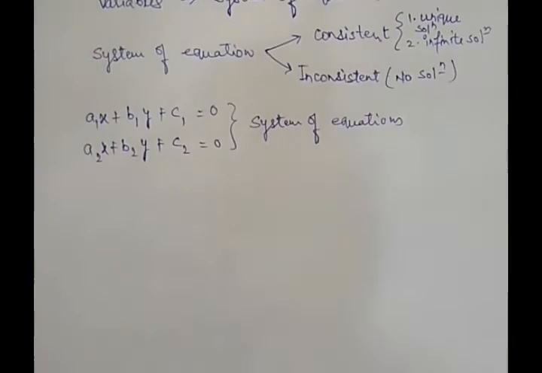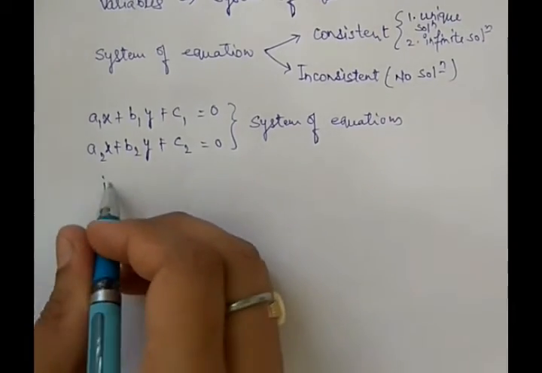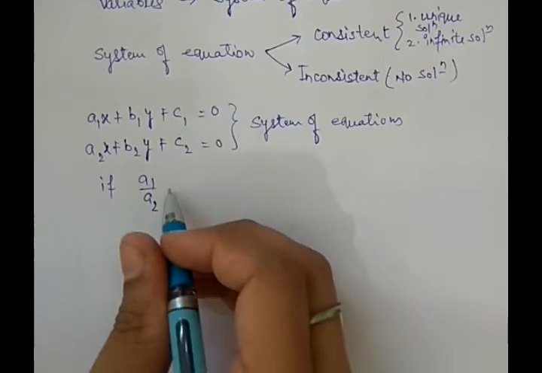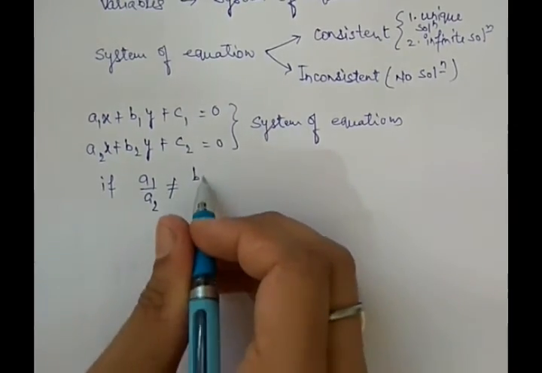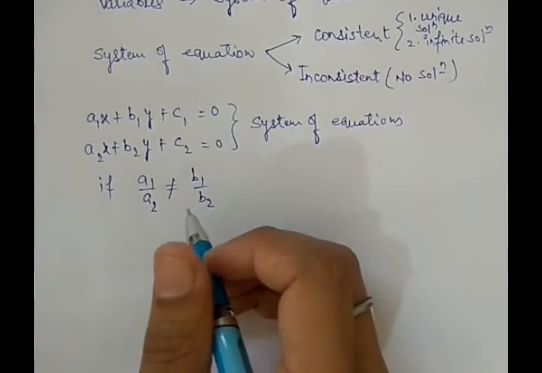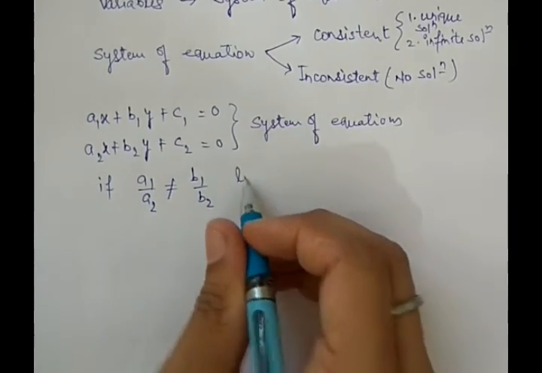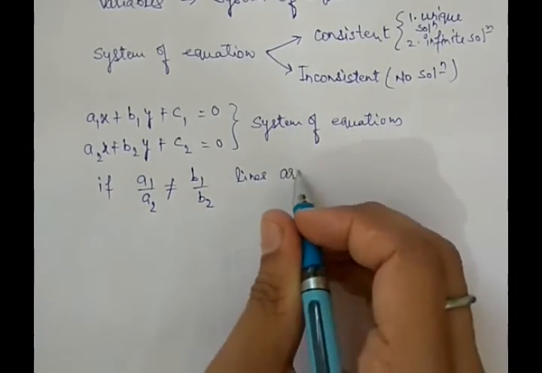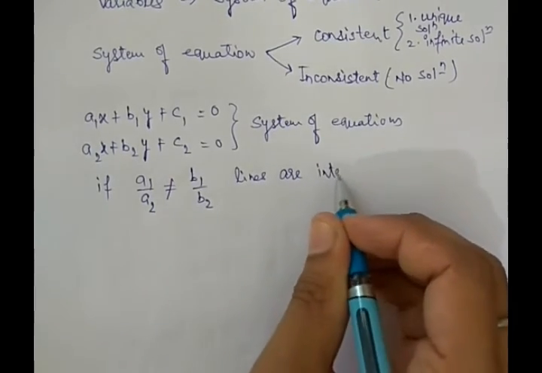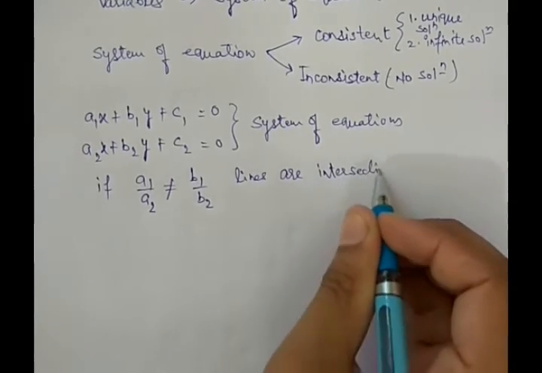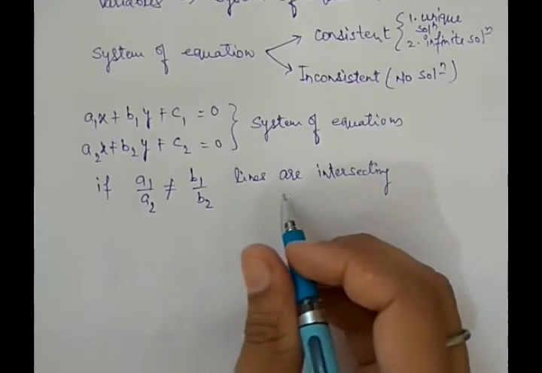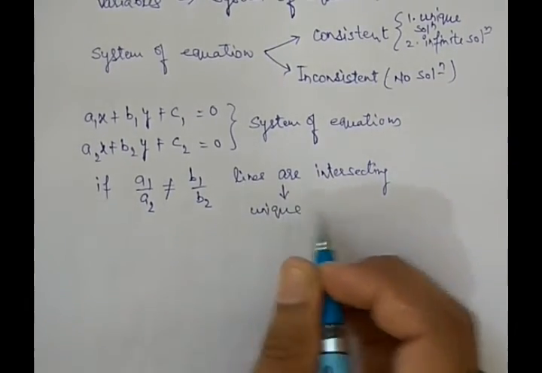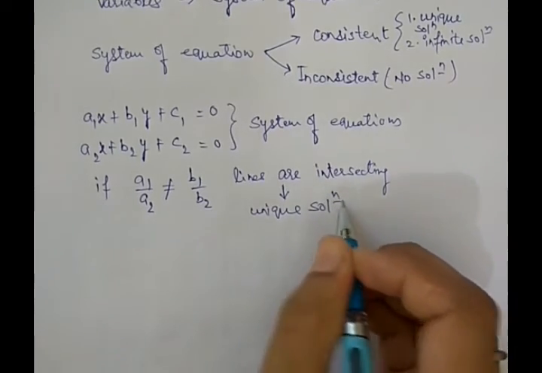So if a1 upon a2 is not equal to b1 upon b2, then the lines are intersecting and it will have a unique solution.